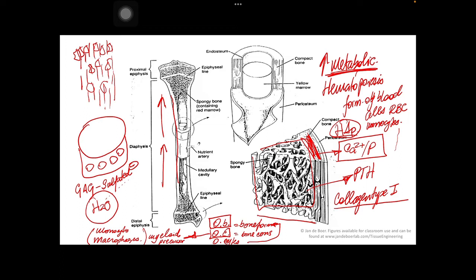So that's why these osteoclasts are a specific type of cells that are there to consume bone, to release acids to dissolve the extracellular matrix and the mineral phases to consume and remodel bone.